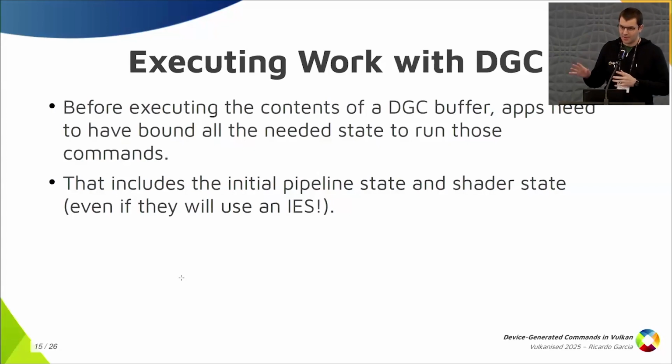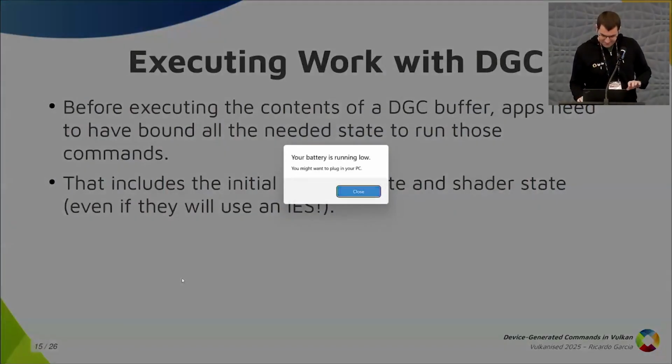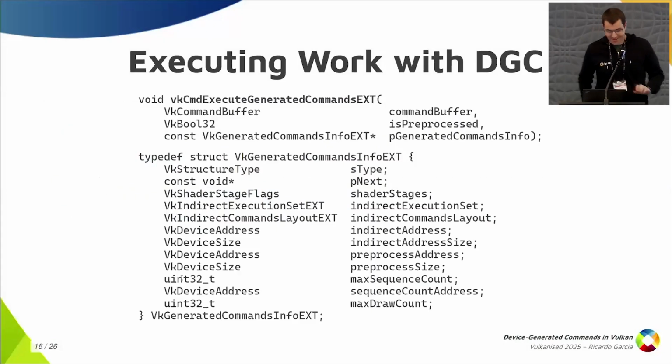Even if you are going to use an execution set to switch shaders later, you have to specify some kind of initial shader state. And once you have that, you can call this command, execute generated commands. So you bind all that state into your regular command buffer, and then you record this command to tell it, at this point, execute the contents of this buffer.